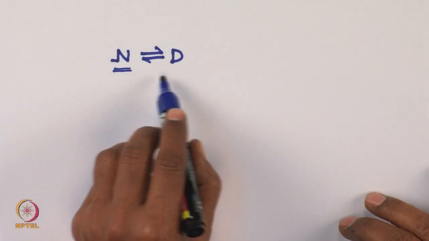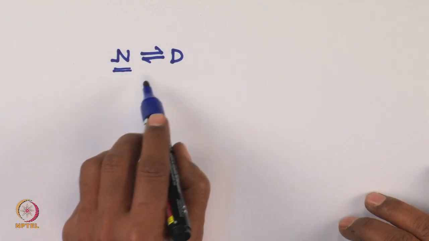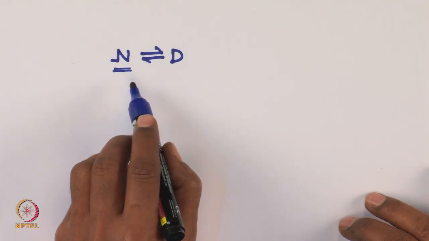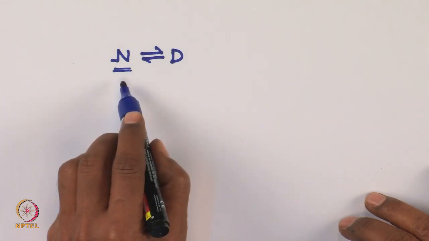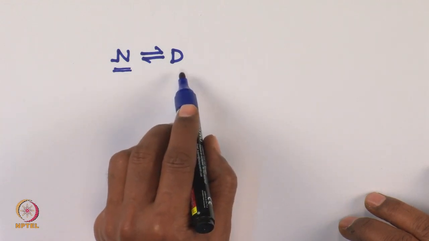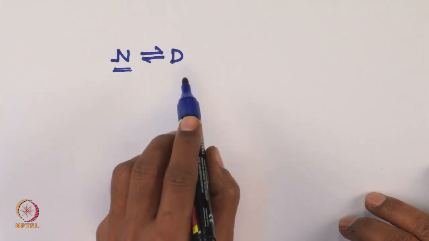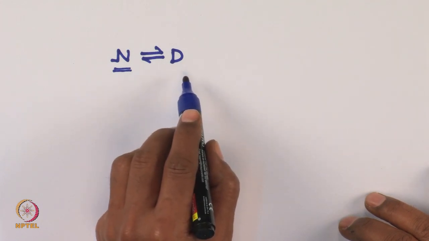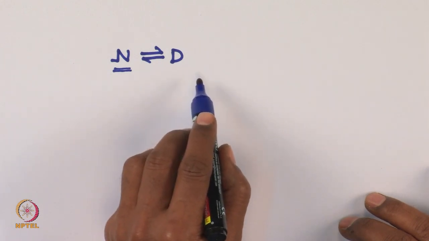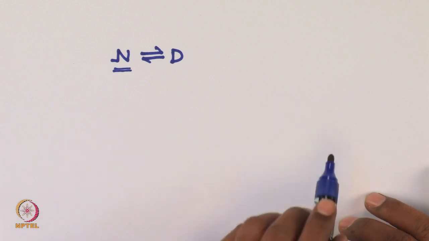For example, if any additive interacts preferentially with the native state, it will shift the equilibrium towards N and it will lead to the thermal stabilization of the protein. That means the transition temperature will increase. And if any additive interacts preferentially with the denatured state, in that case the equilibrium will be shifted towards the right and the transition temperature will decrease.